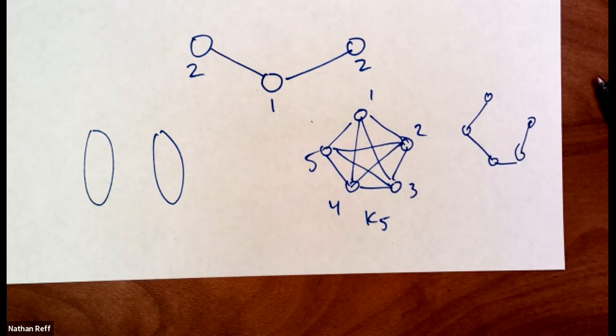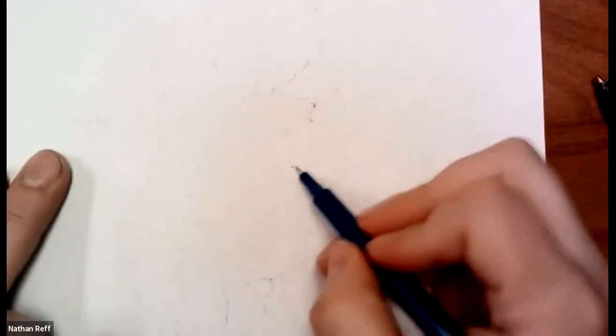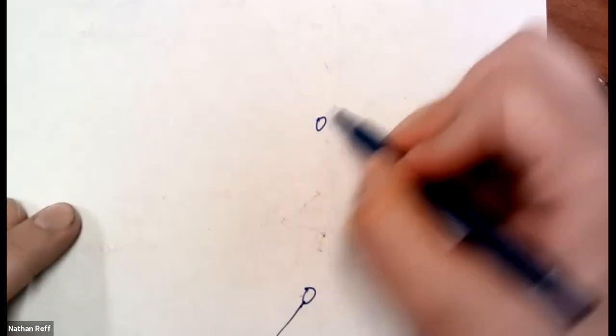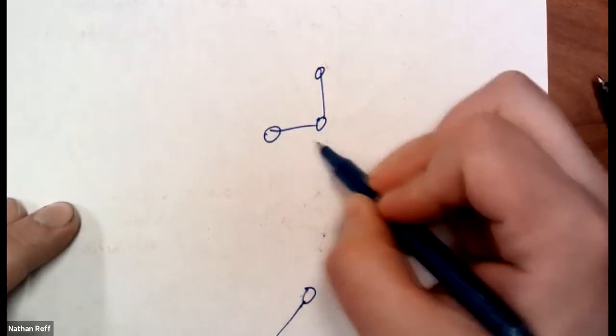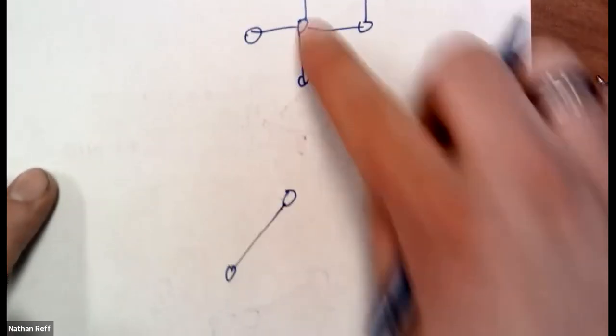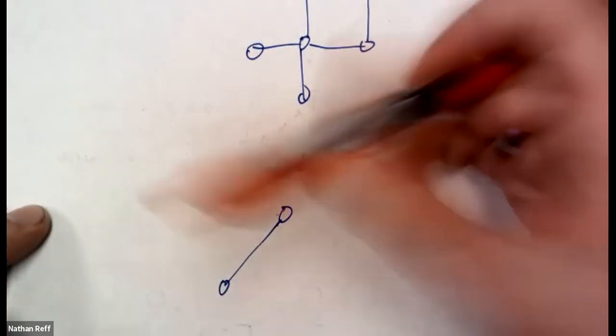You'd start at some vertex and start out by visiting one of its neighbors. So let's say that you had this graph, and you started here.